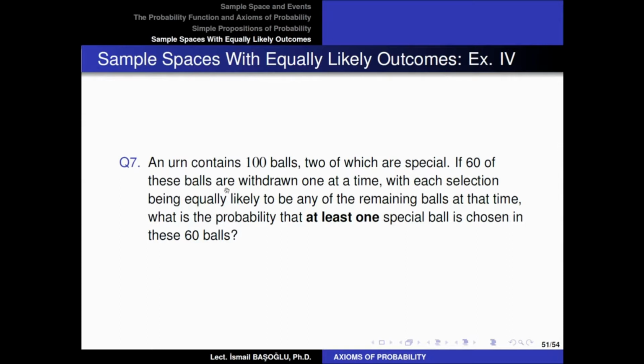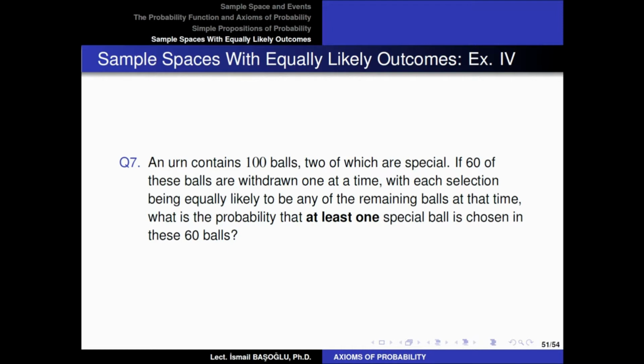If 60 of these balls are withdrawn, one at a time, with each selection being equally likely to be any of the remaining balls at that time. So here's the question. We are selecting these 60 balls randomly, one by one, and we are always selecting from the remaining balls.